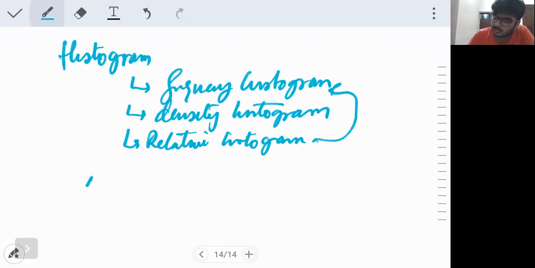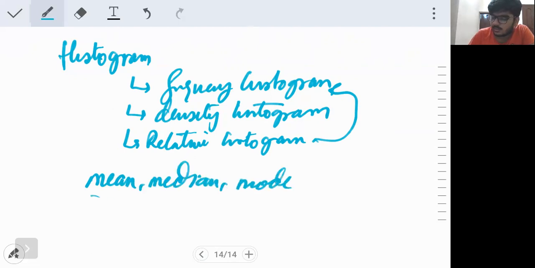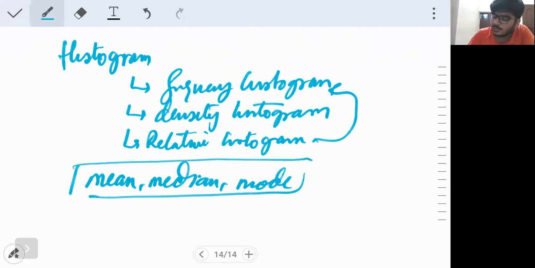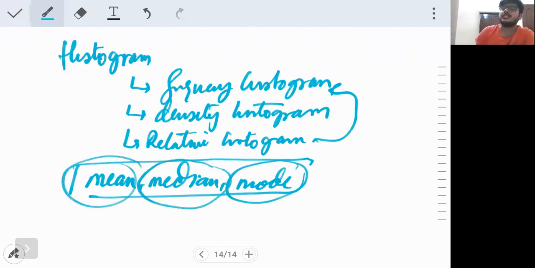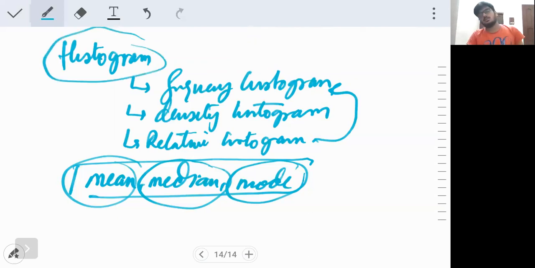We will also discuss mode, median, and mean. In the next class, we will discuss how to summarize the data graphically. The histogram is a graphical tool for this purpose.